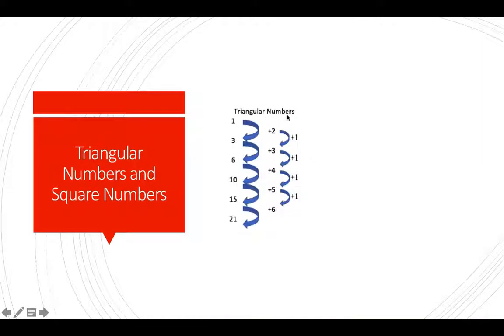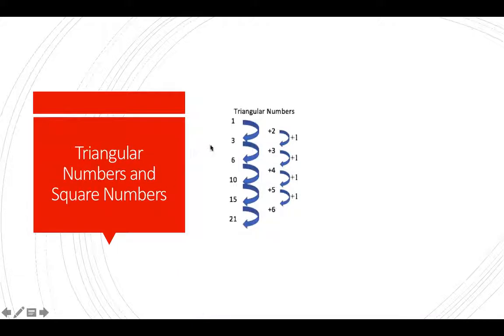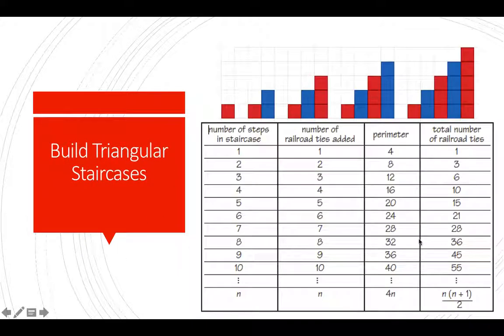So we have our triangular numbers here, 1, 3, 6, 10, 15, 21, and so on, and you saw those right here. When you sit down and analyze these, obviously there is the algebraic expression n times n plus 1 divided by 2. That will give you the number of railroad ties for any given number of steps in the staircase.